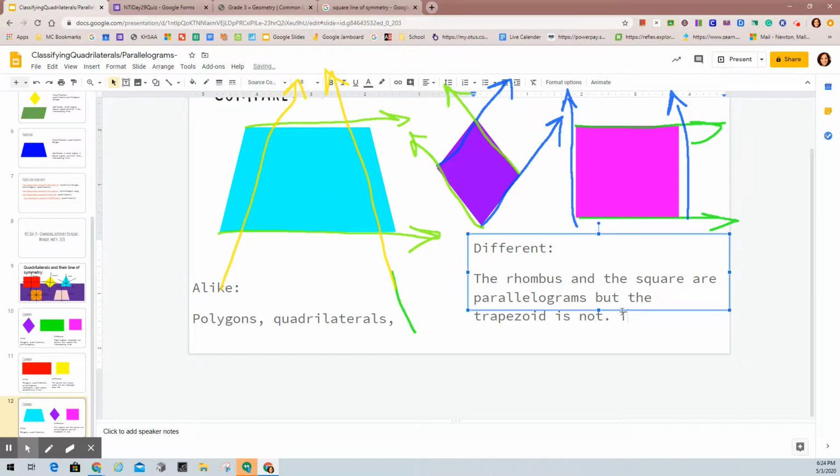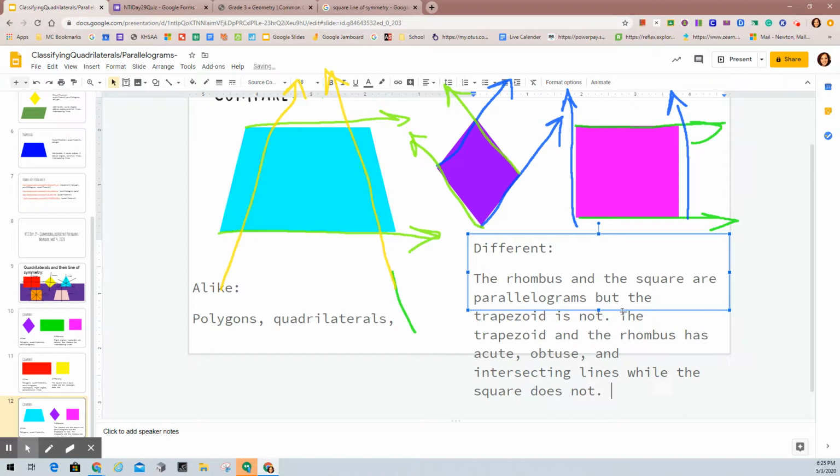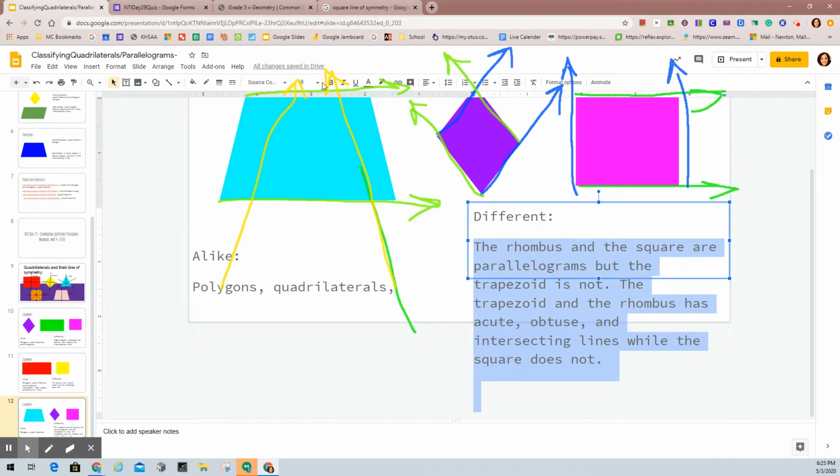So you could say the trapezoid and the rhombus have acute, obtuse, because you know they have to have both, and intersecting lines, because intersecting lines go with acute and obtuse angles, while the square does not. Because we know our square has right angles and it has perpendicular lines. So that would be how they are alike and how they are different.